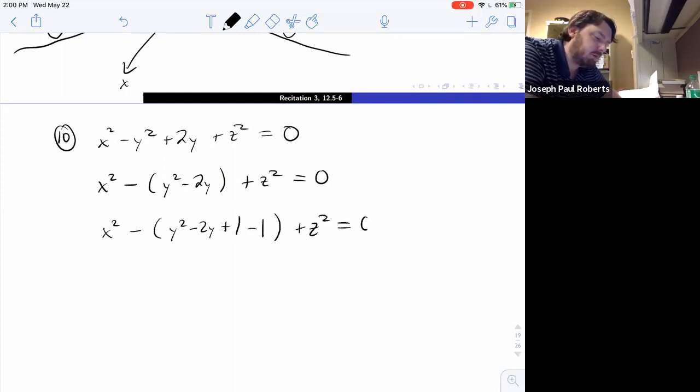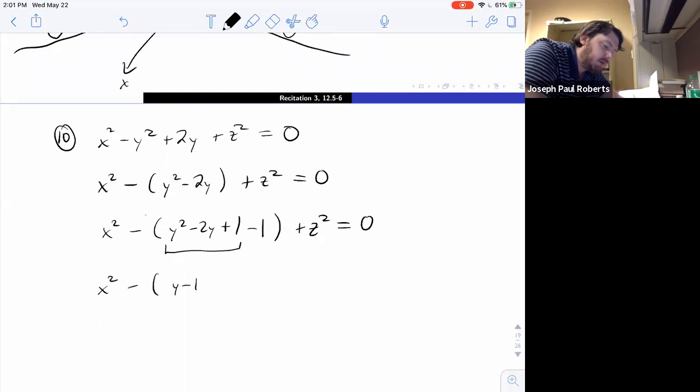So be careful when you're completing the square. However you're doing it, you're making no actual changes to the equation. It's a little more complicated here now that I have this minus here. But just think about it as you're adding and subtracting the same thing, and then recognizing that, okay, this is x squared minus y minus 1 squared minus 1 plus z squared equals 0.